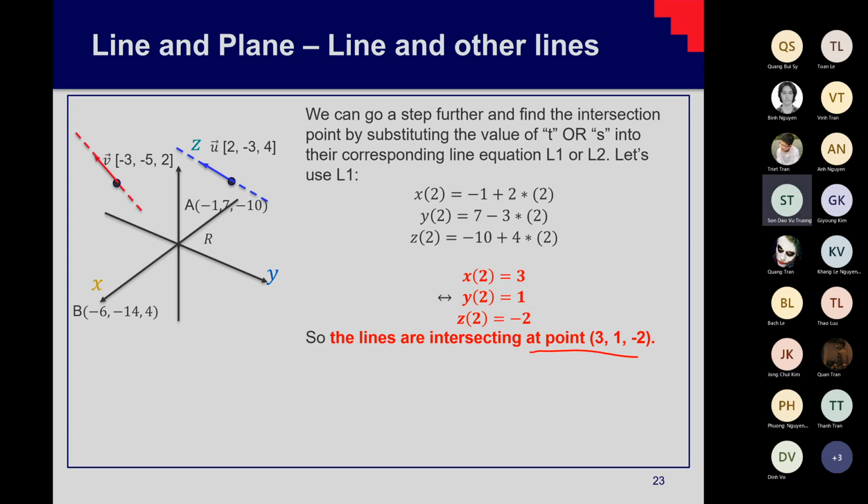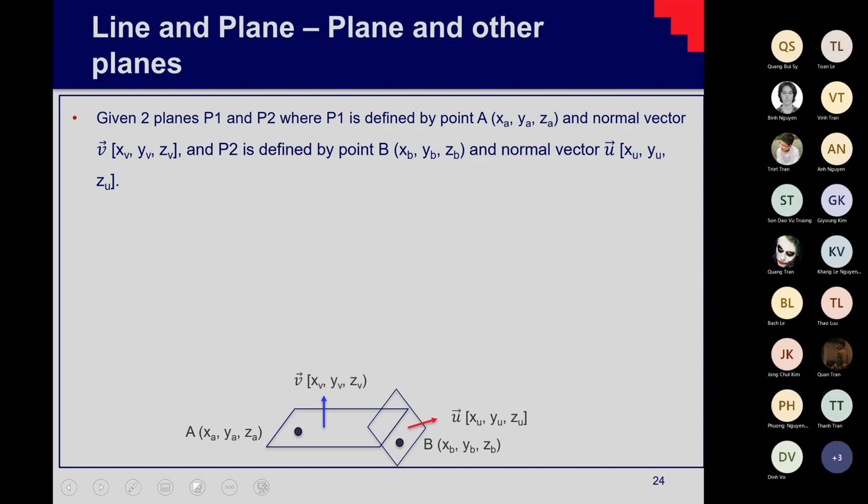Let's take a look at the relationship of lines and planes next. Let's say we are given two planes, P1 and P2. P1 is defined by the point A (XA, YA, ZA) and the normal vector V (XV, YV, ZV). Plane P2 is defined by the point B (XB, YB, ZB) and the normal vector U (XU, YU, ZU).